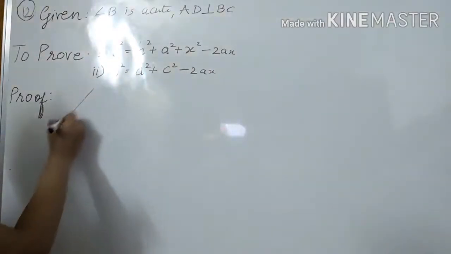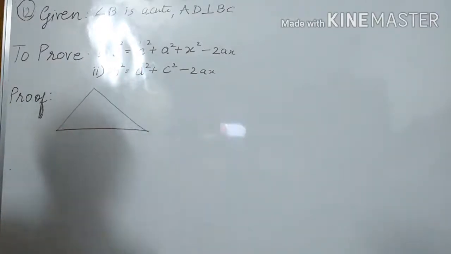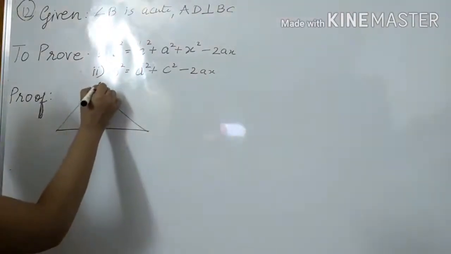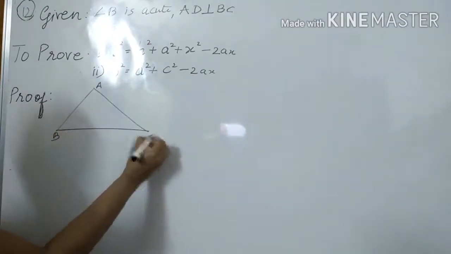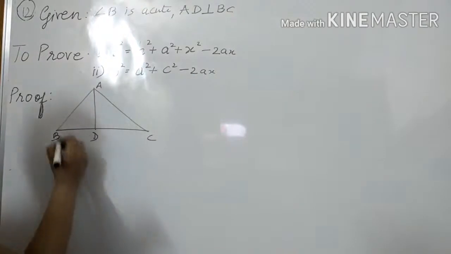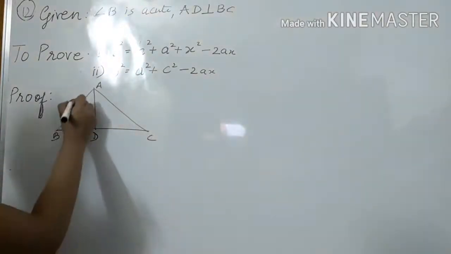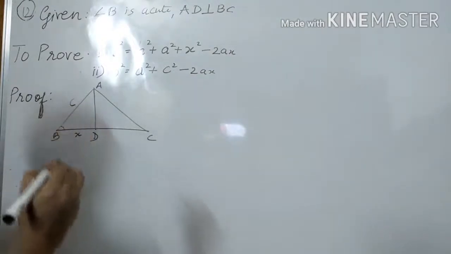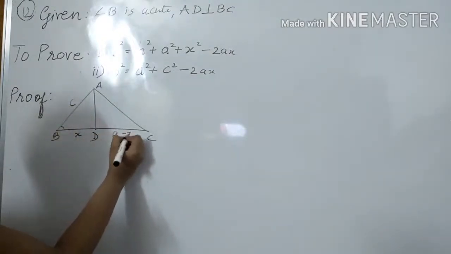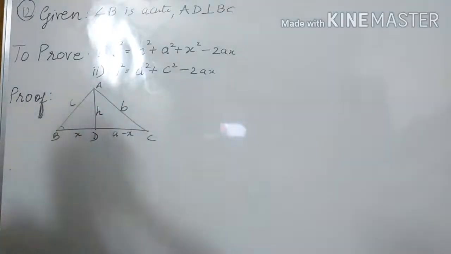So drawing here the figure. This is the triangle given to you, triangle ABC. This is AD perpendicular to BC, and angle B is an acute angle. Now this is side C, this is X, A minus X, and this is H, height, and B. All the values are also given in the question.